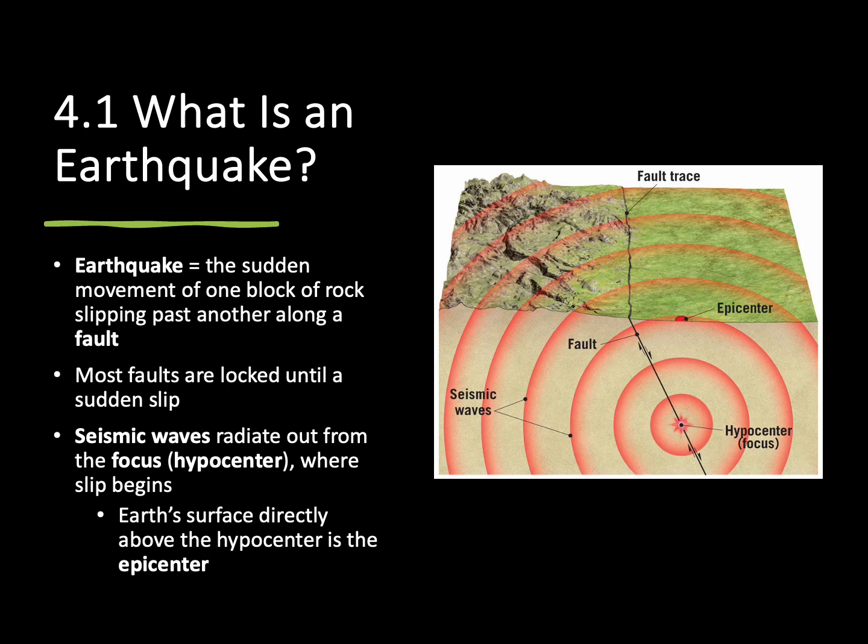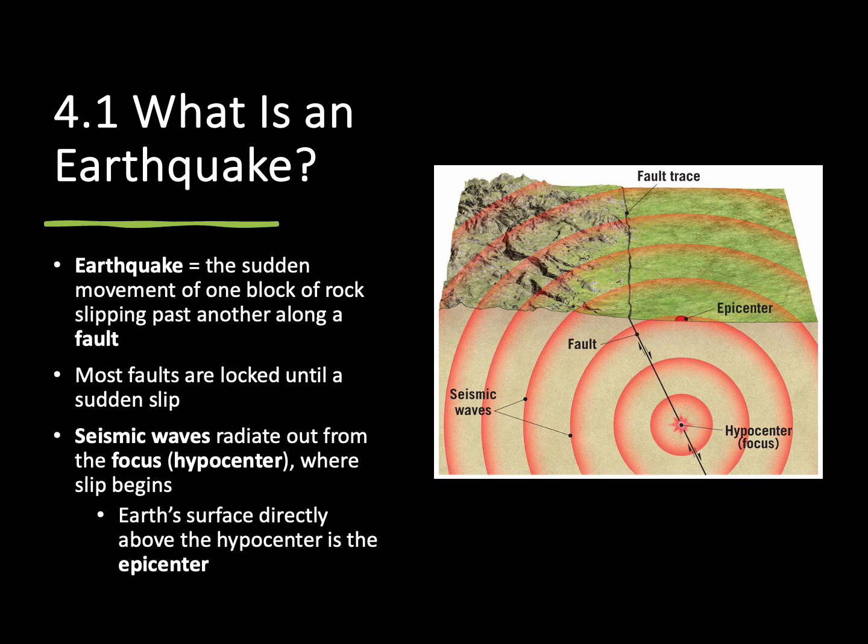Once we have this slip or movement along the fault, earthquakes are going to release seismic waves. And these seismic waves are just energy waves that radiate out from where the earthquake actually happened. Most earthquakes don't happen on the surface where we live, but instead happen inside of the earth.